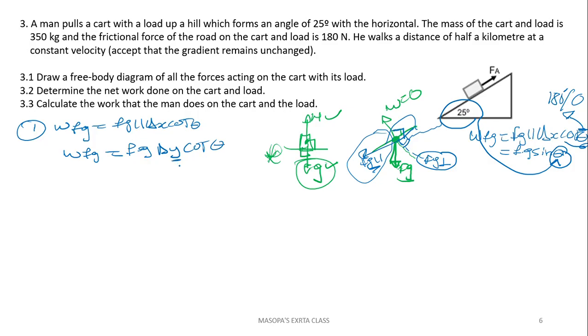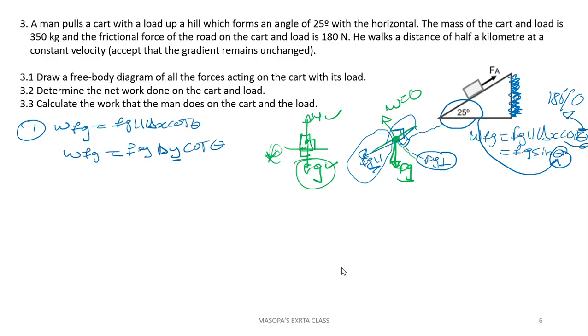The reason we say delta y is that, when you look at your free body diagram, your delta y is normally your opposite side. So we have to look for this opposite side. That's how we calculate the work done by the gravitational force.